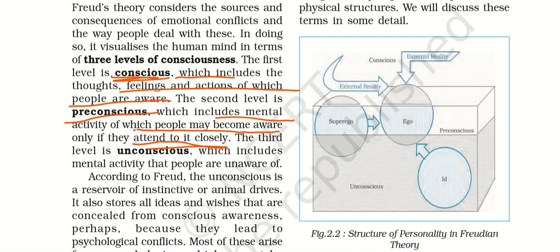So what were your grades? What was your result of class 11th? That is your pre-consciousness. If you try to recall, you'll remember it. This particular percentage you scored in class 11th can be recalled if you try to.